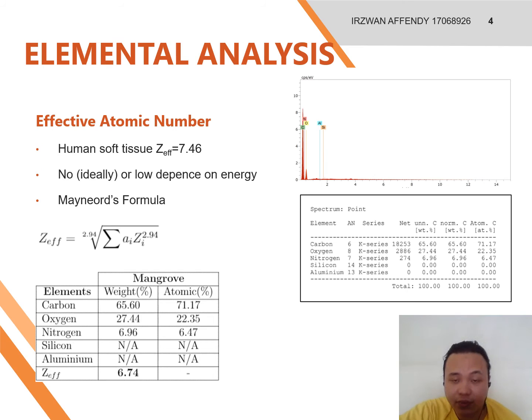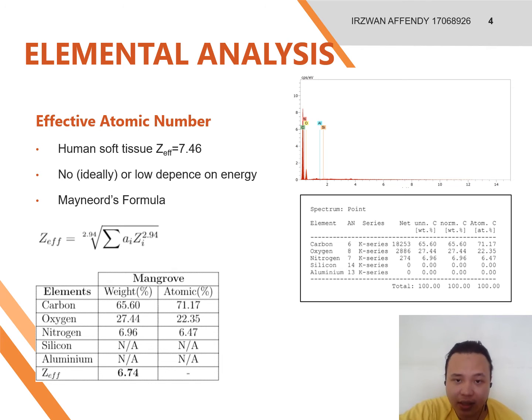Elemental analysis for the three samples was done using energy dispersive X-ray, or EDX, to map the elements that are present in the samples. The figure on the right here is a typical result that you would obtain from an EDX analysis. This one in particular is obtained for our mangrove sample.